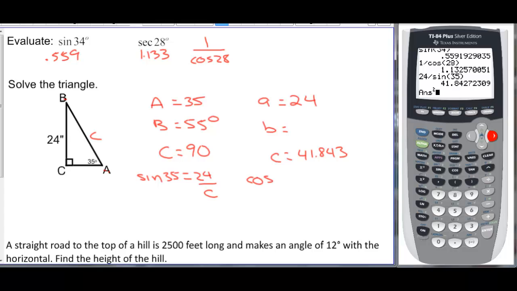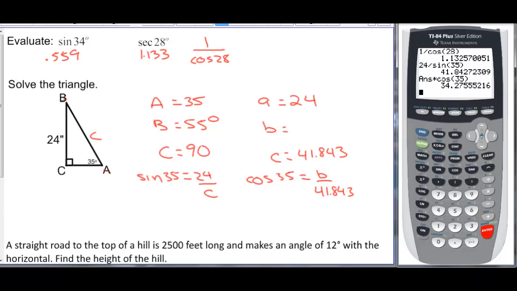How about cosine of 35 equals B over the 41.843? We could do that. So I need to multiply. I have the answer right here in my calculator, all of it, times cosine of 35, and that should be a pretty accurate answer. 34.276. That's called solving the triangle, where you find all the sides and all the angles.